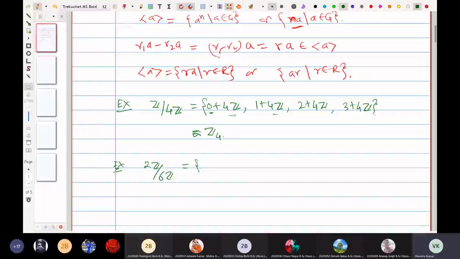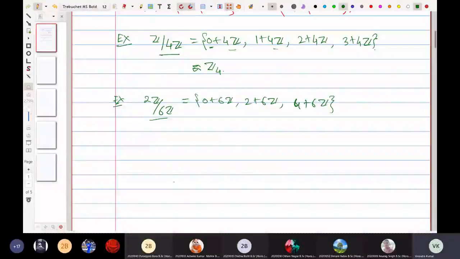In this there are three elements, 0 plus 6z, 2 plus 6z, and 4 plus 6z. So size matters. The size of this is 4, and the size of this is 3.